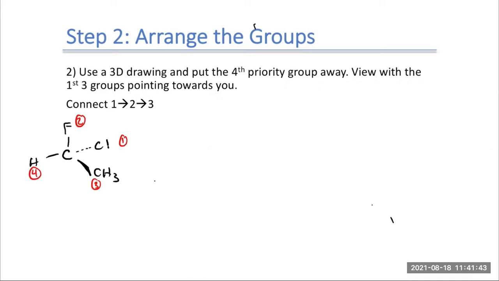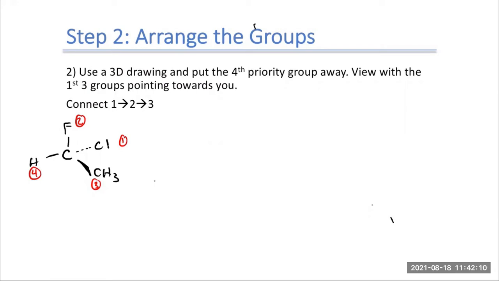So here, when we're looking at the priorities, we can see our highest priority one is pointed backwards, and our lowest priority one is on the side. When we want to figure out R and S configuration, we want that lowest priority to be the dash. So we're going to have to rotate. And it doesn't really matter how you rotate. You should end up with the same compound.